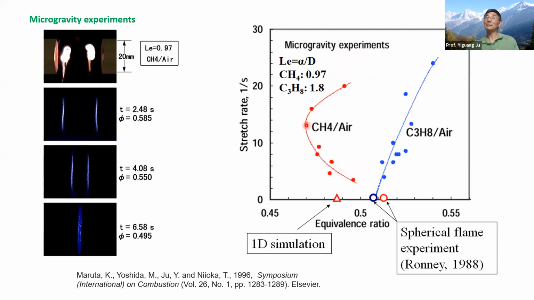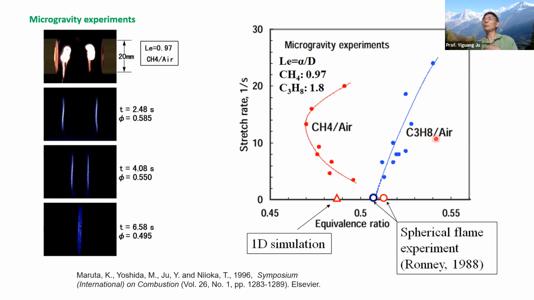But this flammable limit is very much lower than the flammable limit of a planar flame of methane. People did not understand why the stretched flames of methane have a lower burning limit than the planar flame. But if you do the same experiment for propane, you can see that the extinction limit monotonically decreases, and it linearly extrapolates to the flammable limit of a planar flame.